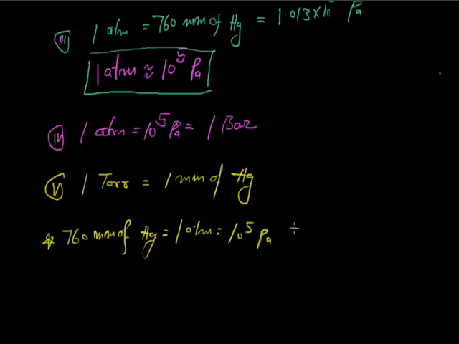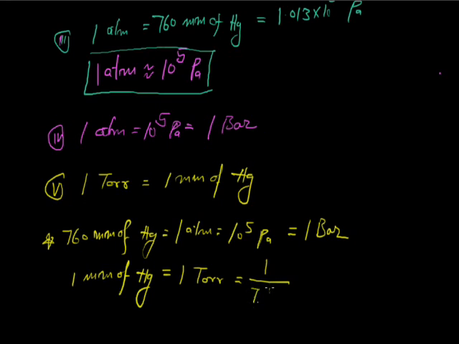That's why that is equal to 1 bar. So 1 mm of Hg is equal to 1 torr is equal to 1 by 760 into 10 raised to the power 5 Pascal, or we can say 1 by 760 bar. ऐसा भी हम लिख सकते हैं.